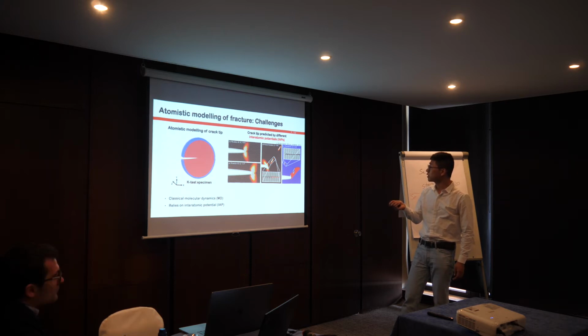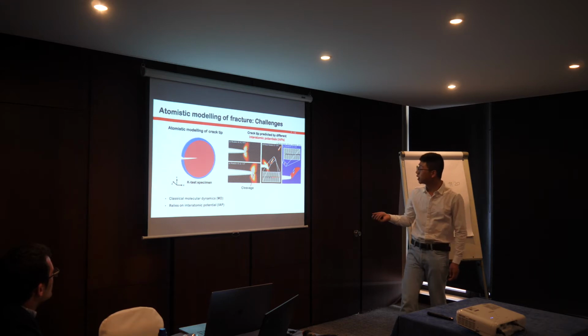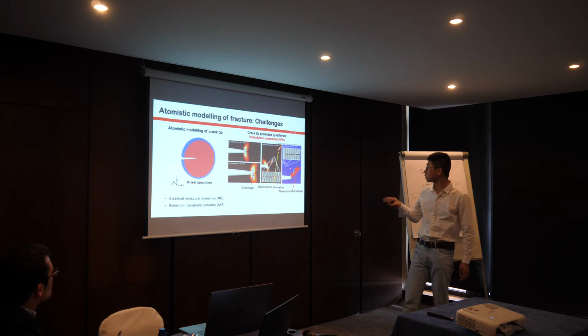Here I show the same crack system, but using different interatomic potentials. As we can see, we can observe cleavage, dislocation emission, and phase transformation. This blue color is BCC, and this is HCP.